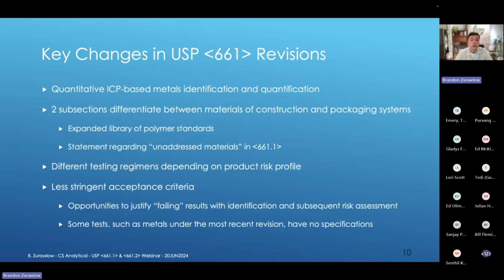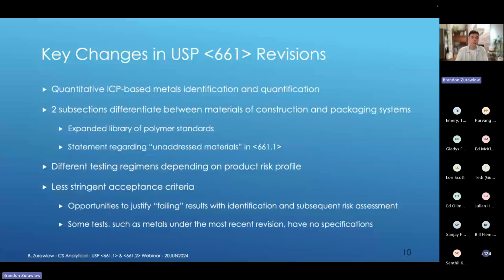And importantly, they also provide statements and guidance for how to address unaddressed materials. So if it's a type of plastic that's not specifically outlined in 661.1, there's language in there to support the use of the general concepts in 661 applied to unaddressed materials to ensure their safety. It also takes into account product risk profiles. There is different testing proposed for, let's say, a solid oral dosage form package versus an injectable package.